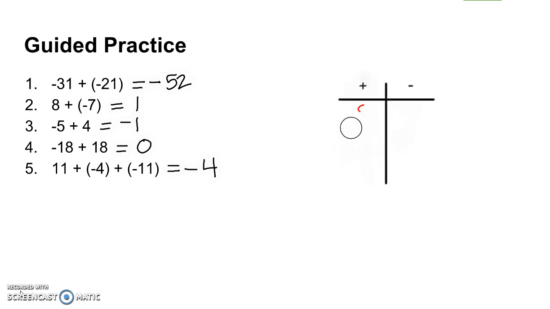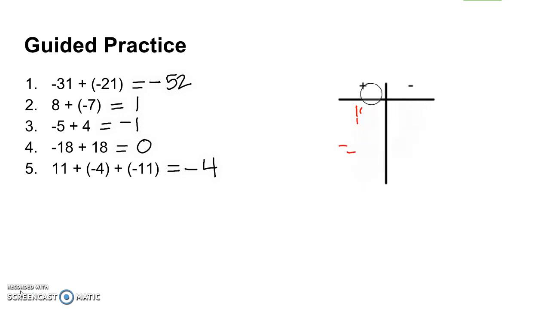For number 3, negative 5 plus 4. Bring over the smaller number and subtract, negative 1. When we have the same thing, negative 18 plus 18, we're going to bring it over and subtract. That gives us 0. It's just 0.